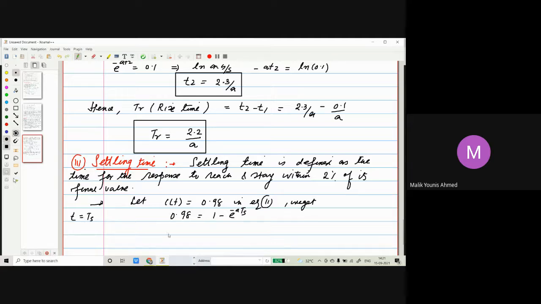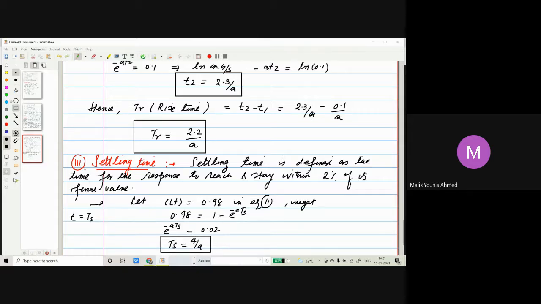So that will be e raised power minus a ts, this will go on the other side, that will be 0.02. Applying the log, ts will become 4 by a. Okay, ts is 4 by a.